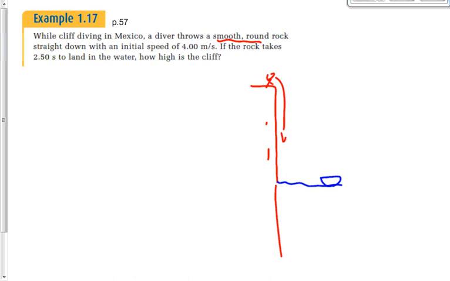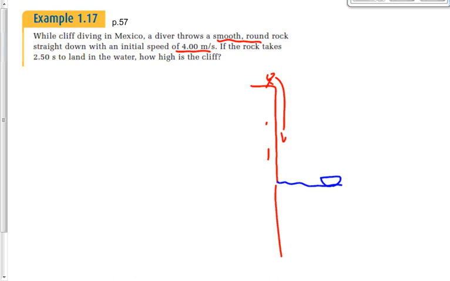But I remember at one point, myself, my brother-in-law, my sister-in-law, my wife, my son, my nephew, and my niece, we were all wondering how high this cliff is. So we decided we'd do something similar to what's here. We didn't throw a rock down with an initial speed of 4.0 meters per second. We just dropped it.